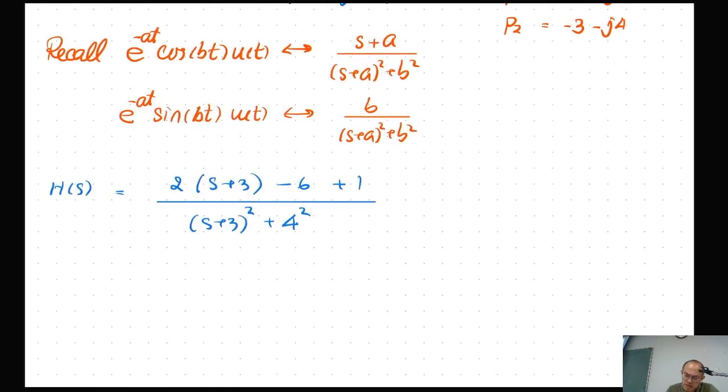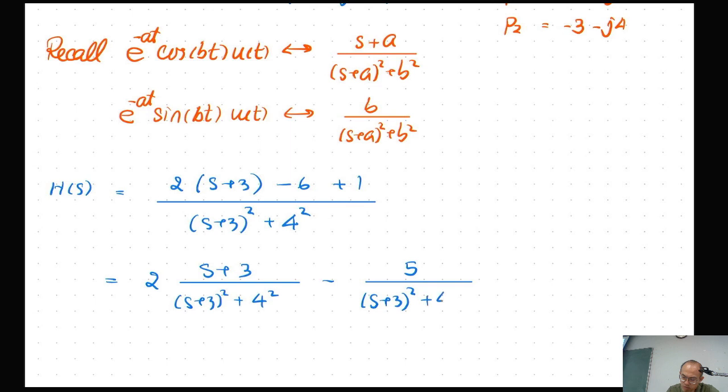Then I have 2(s plus 3) divided by (s plus 3) squared plus 4 squared. That is my first term. And the second term is minus 5 divided by (s plus 3) squared plus 4 squared.